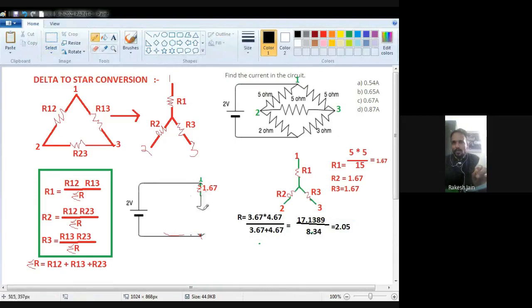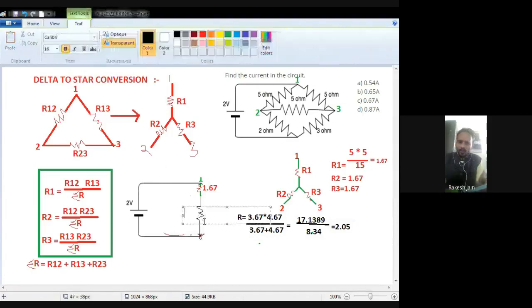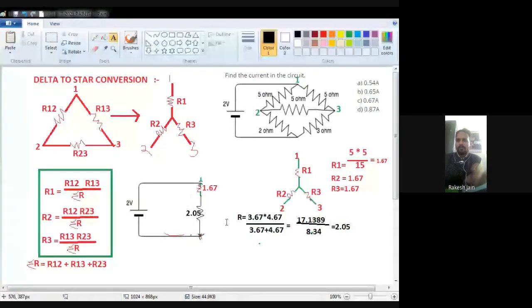Okay, wait. For the parallel combination of these two, I put 3.67 multiplied by 4.67 divided by 3.67 plus 4.67. So 3.67 plus 4.67 will be equal to 8.34.